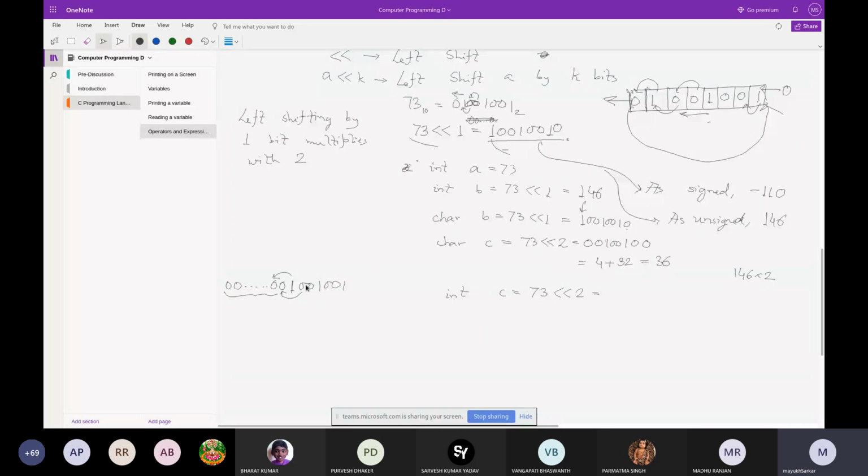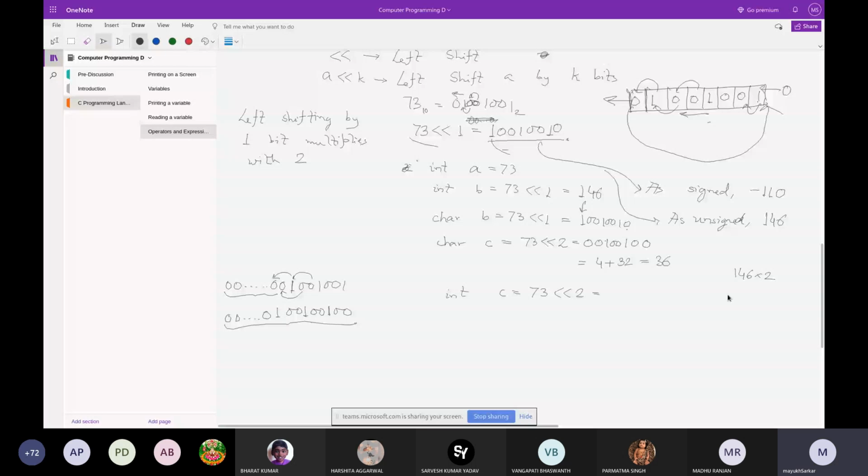Everything will be left shifted by 2 bits. So 1, 0, 0, 1, 0, 0, 1, 0, 0. Right. And no value is being removed in the case of int. And what you'll get is 146 into 2. In short, 73 into 2 square.